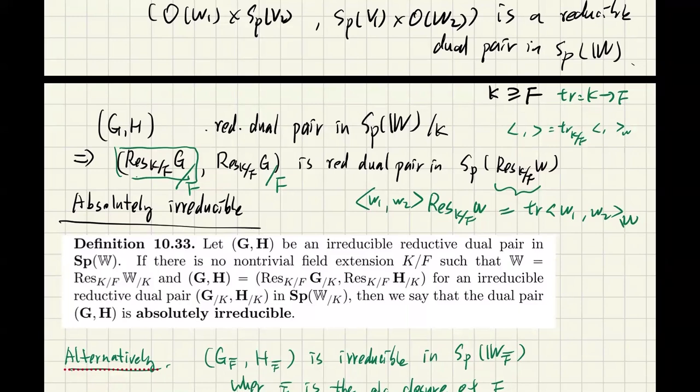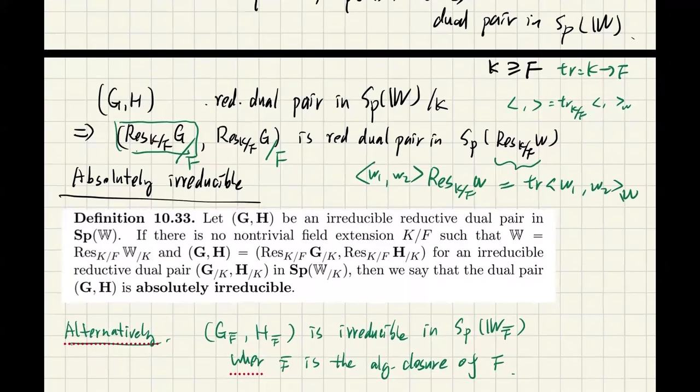So the question is that, especially for p-adic groups, you have a lot of field extensions. So you would wish that the field you are considering is the most economic.